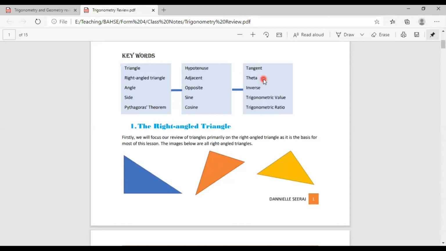So these are keywords that we need to know and be familiar with, and understand what we mean by these particular terms when we are referring to them, because understanding what they represent will help us build a more sound foundation with mathematical jargon.